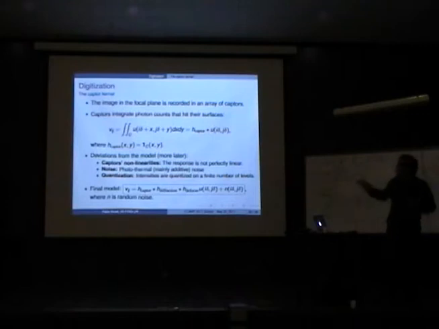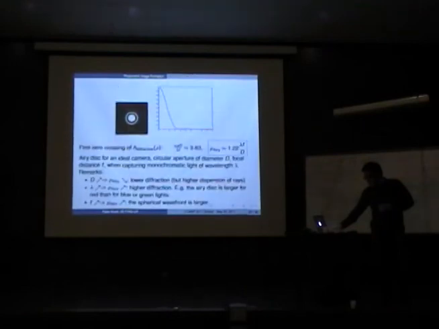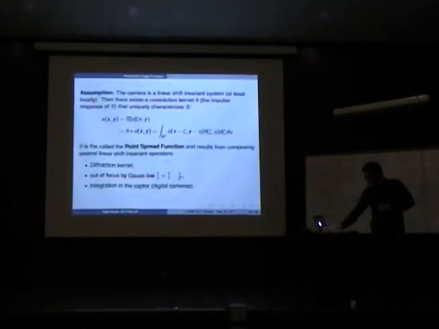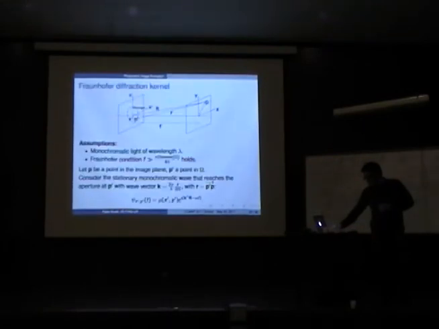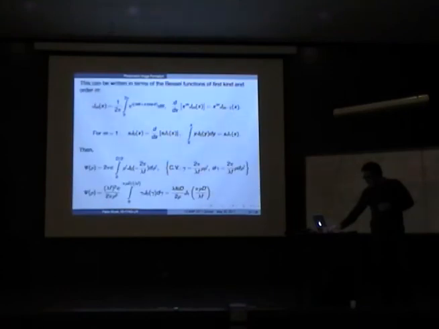C is just the domain of the capture, that usually is square. And U is the image you get.